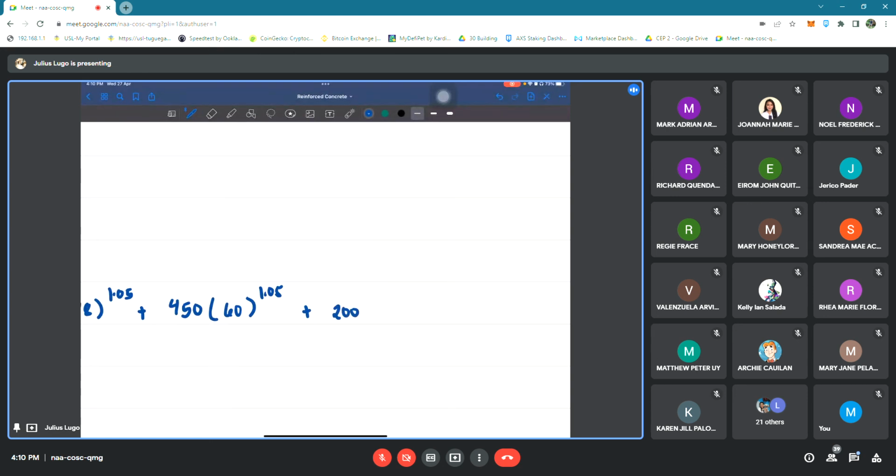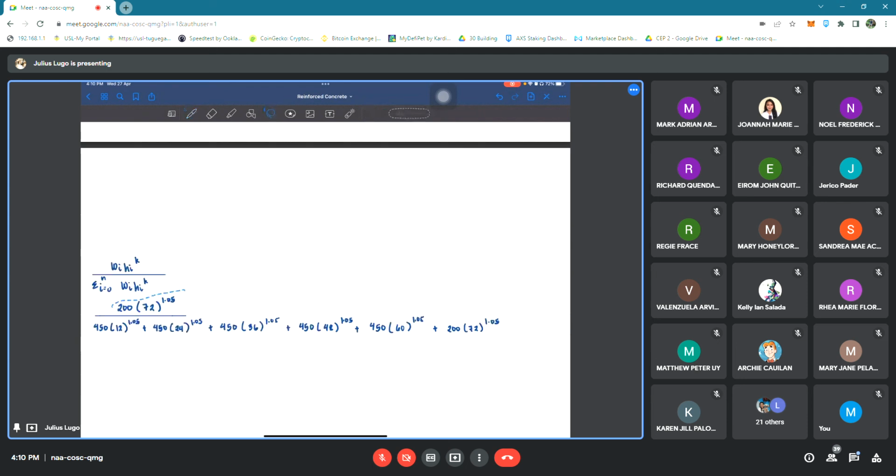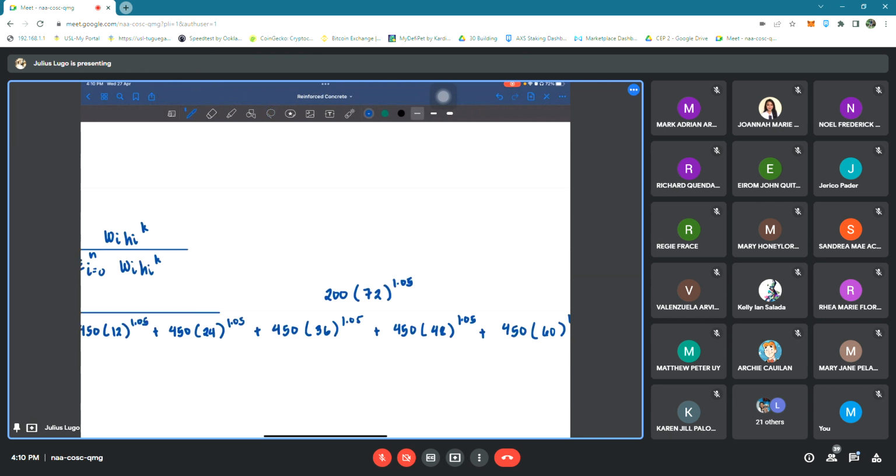We have the roof multiplied by 72 raised to 1.05. Yeah, so I'm gonna put it here and then extend to line here.